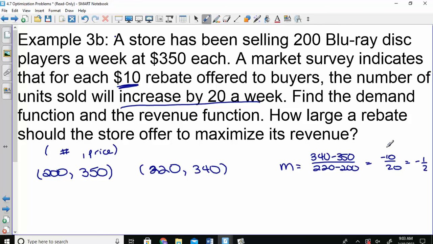Okay, where do we go from here? Take one of our points and our slope and plug into y equals mx plus b. So if I just use the first one, my y is 350 equals negative 1/2 times x, which was 200.